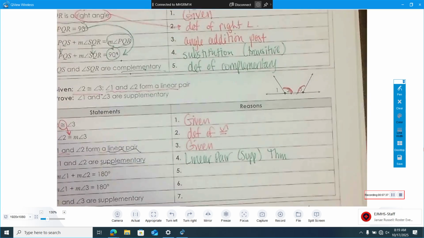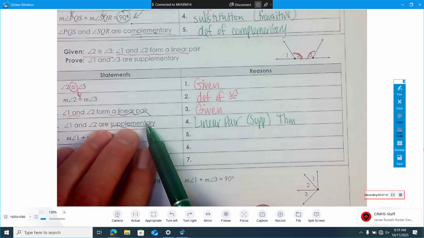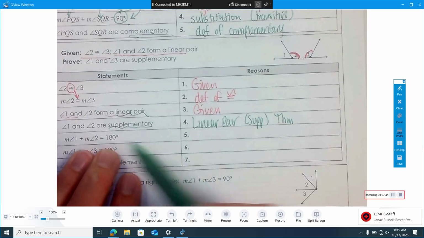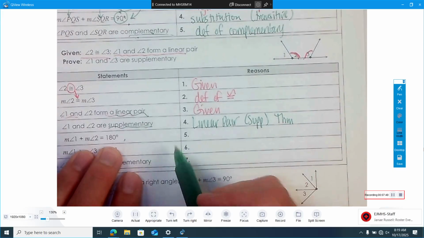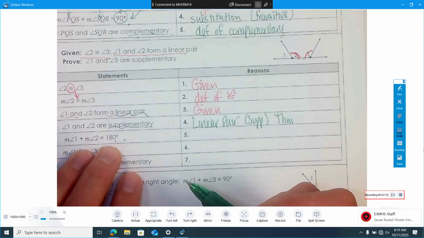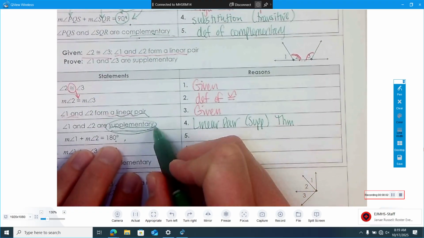All right, so now we know they're supplementary. If we know they're supplementary, what else do we know? They equal 180, and that's the next thing. The measure of angle 1 plus the measure of angle 2 equals 180. Well, how do we know that they equal 180 degrees? It's what supplementary means.